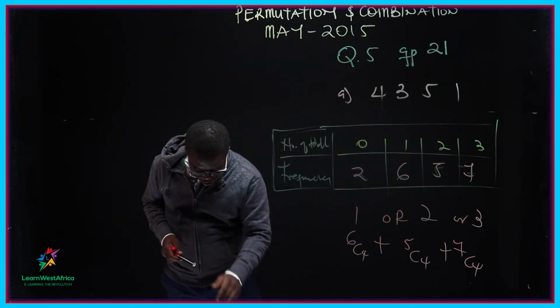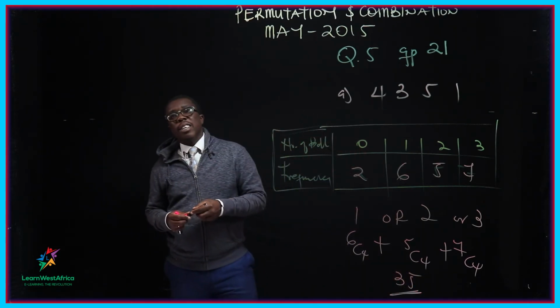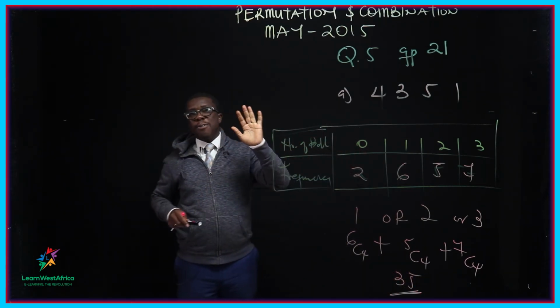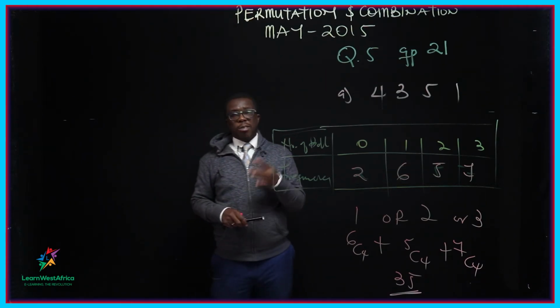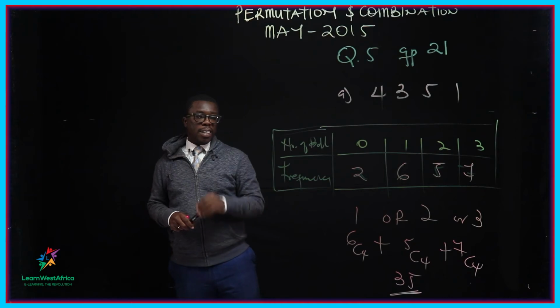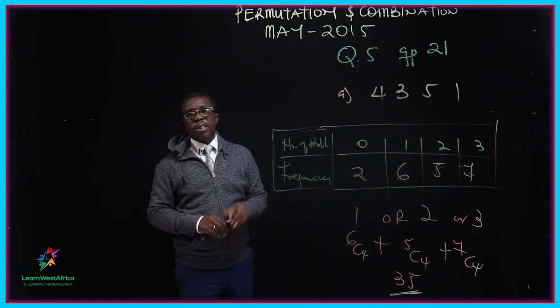If we do that, we should have 35. So we can get 35 ways of the balls having the same number. Either we choose from the 1, 2, or 3, and that's how you go about it. Hope you're okay.